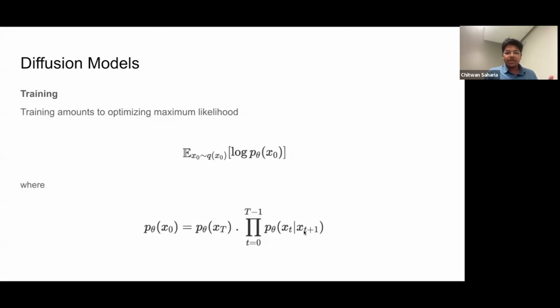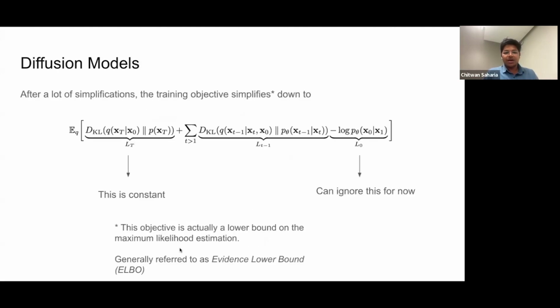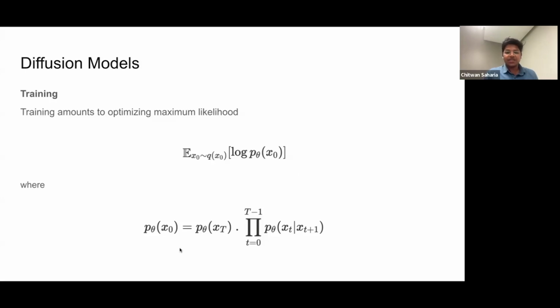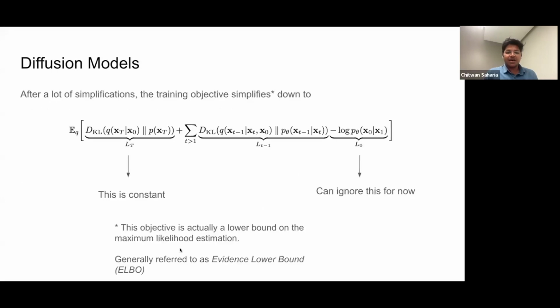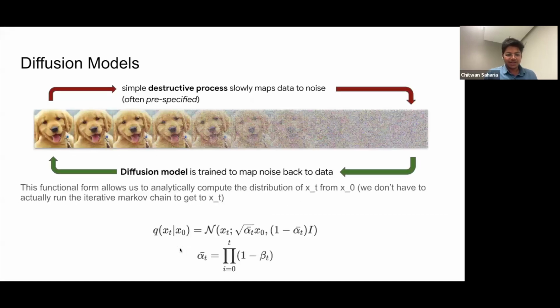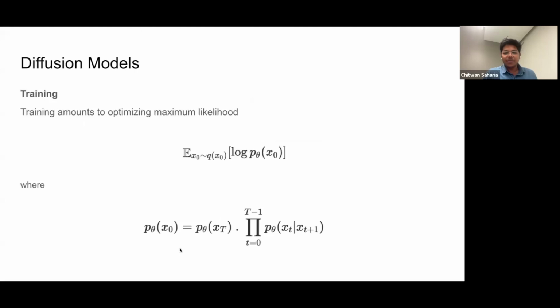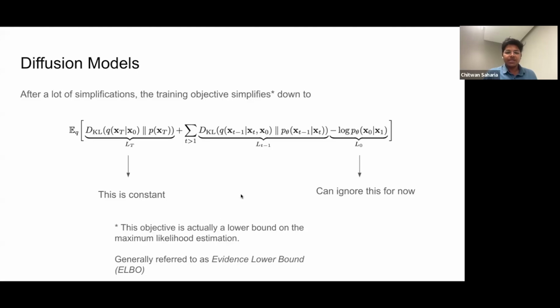There's a lot of simplification that happens in optimizing this objective function. I wouldn't go through all those simplifications here. It's a long proof that you can look at in the original DDPM paper. But what happens is that, first of all, we cannot estimate the likelihood exactly.